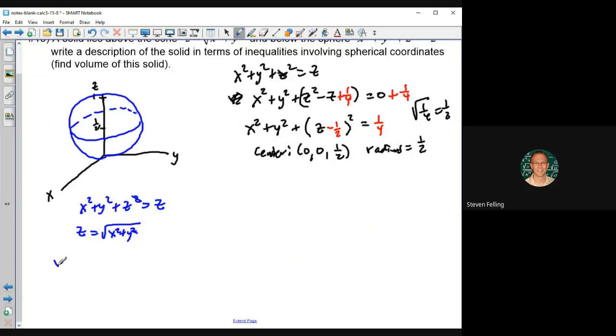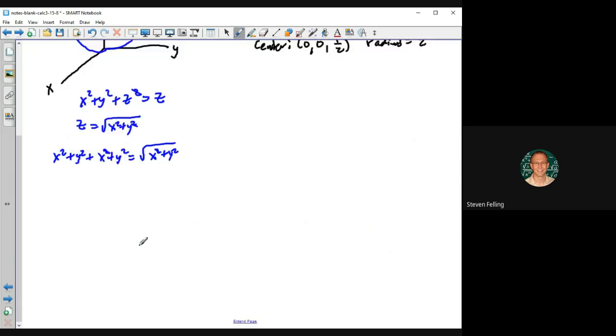So that would give me x squared plus y squared plus z squared, and then that's this squared, which would then therefore be x squared plus y squared, equals z, which is the square root of x squared plus y squared. So that gives me 2x squared plus 2y squared equals the square root of x squared plus y squared.